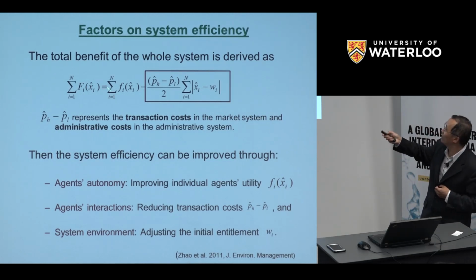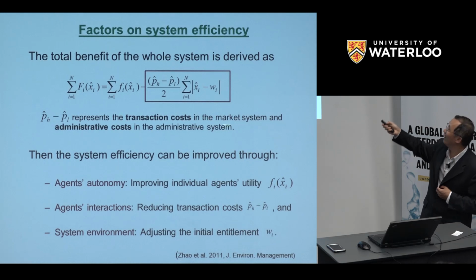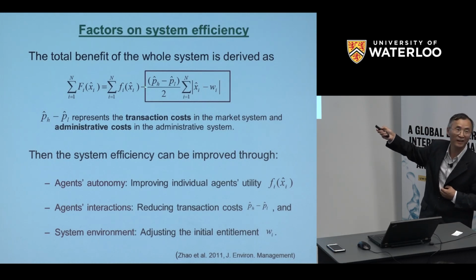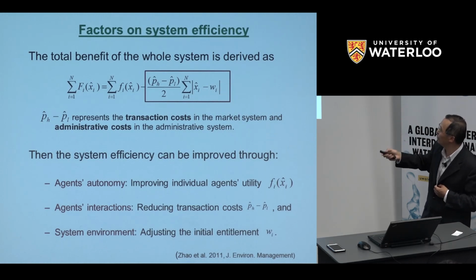For the first item, this part is the sum of the benefit from individuals. The second part is a combination of other factors, like the prices and the difference between the actual water allocation and the water permit. So this equation shows three things.